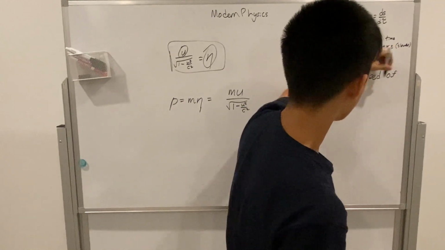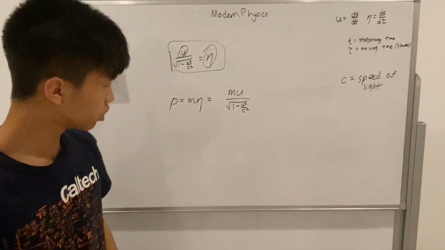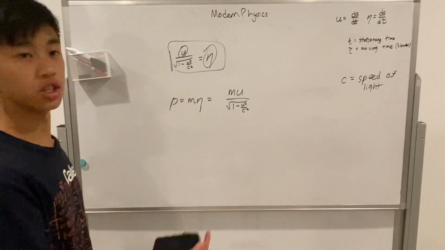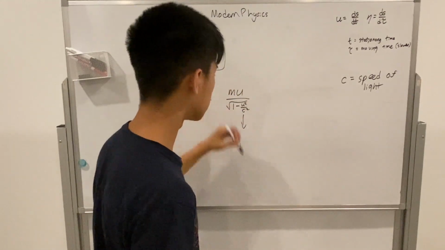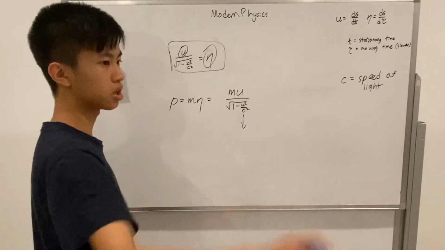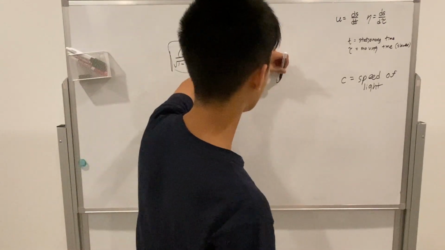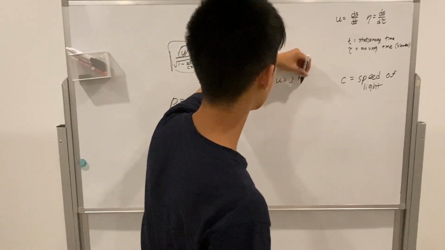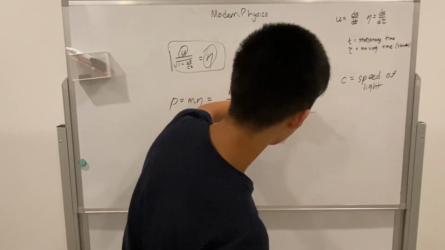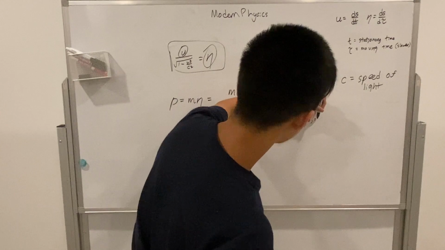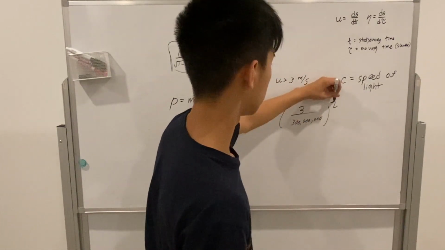And the reason why these effects are not noticeable is because usually objects are moving so slow that this c in the denominator will just completely eliminate it. So let's say you have something moving at 3 meters per second. Well, you have 300 million, all that squared.